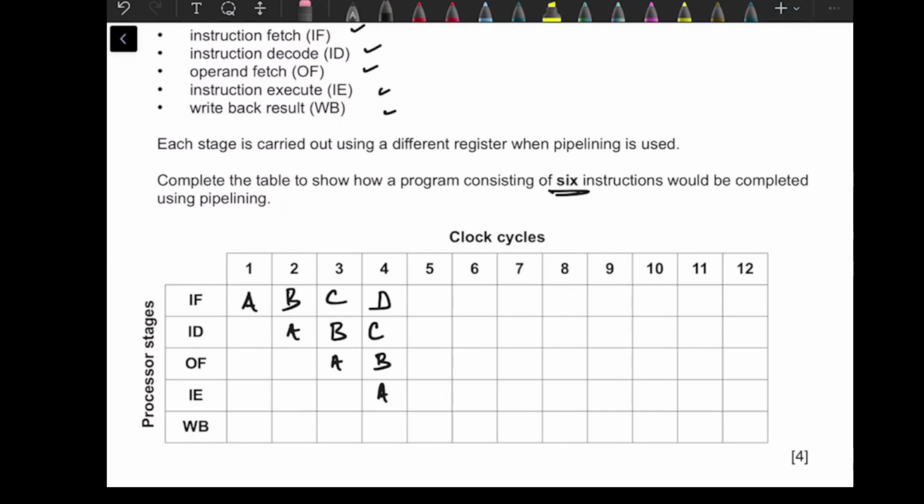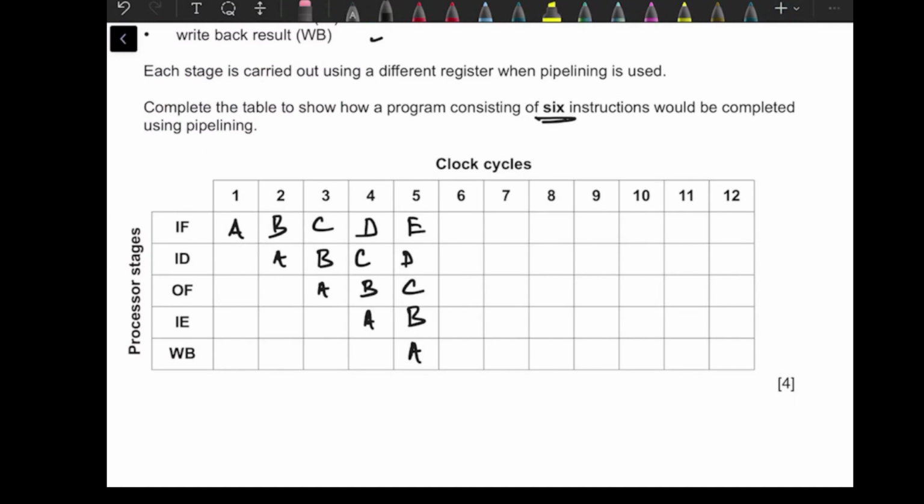So we have 6 instructions. So D will come. Okay. So here when A will go to write back, the B will come to IE and the C will come to OF and D will come to ID, and another instruction E will be fetched. Okay. So 6 instructions. So likewise, when B is done over here, the B will come over here.